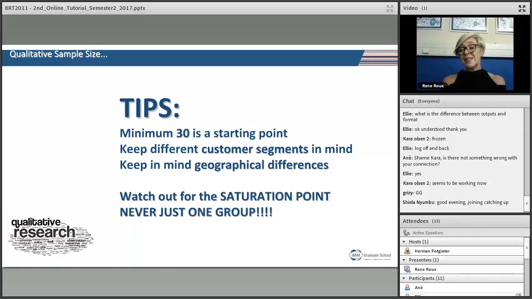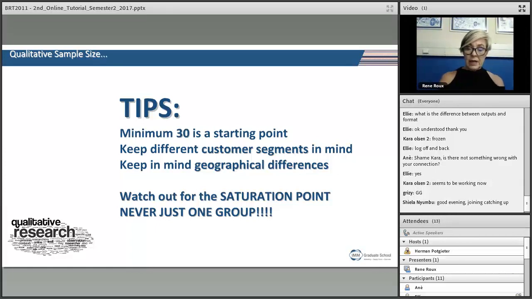You then have to consider at least 11 focus groups, one for each language. Geographical differences. If it's important to understand the difference between Joburg, Durban, Cape Town, and Bloemfontein in South Africa, then you need to take that into consideration and work out your number of groups or in-depth interviews accordingly. There is a sort of a guideline.